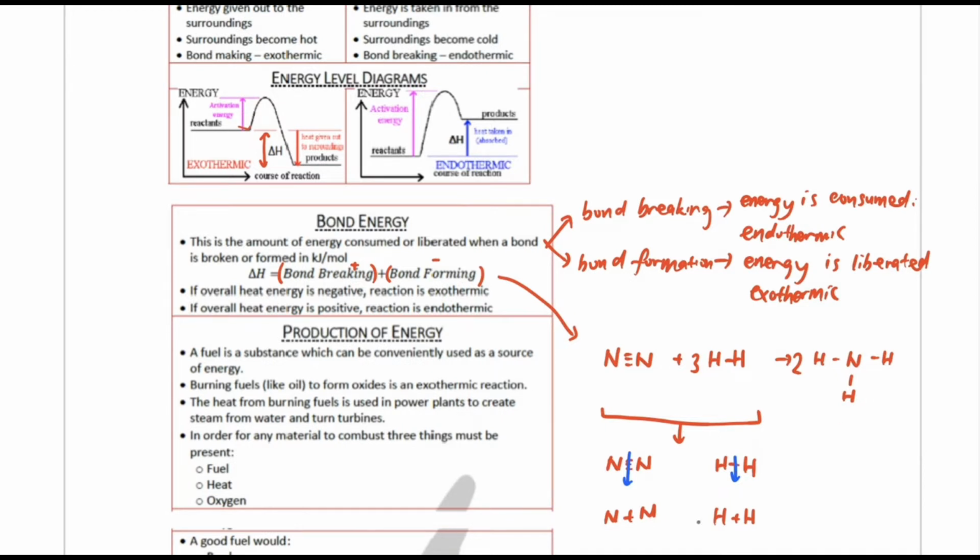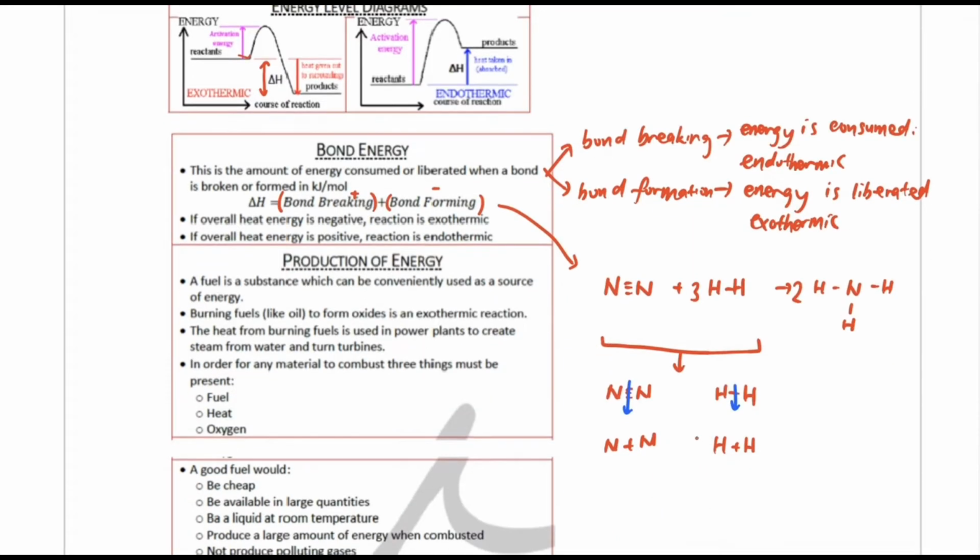Now you have atoms. After bond breaking, you have 2 nitrogen atoms. You have 2 times 3, 6 hydrogen atoms. So imagine now you have 2 nitrogen atoms and 6 hydrogen atoms.